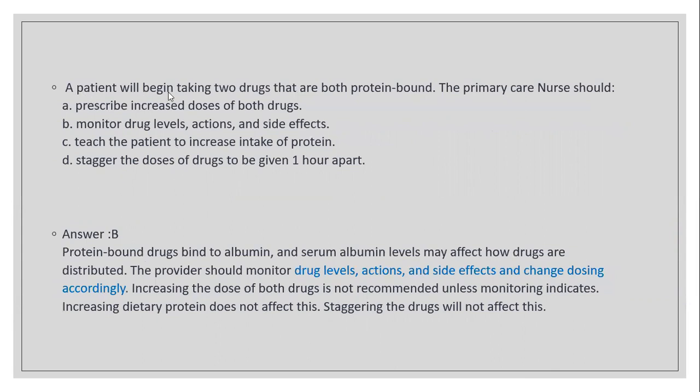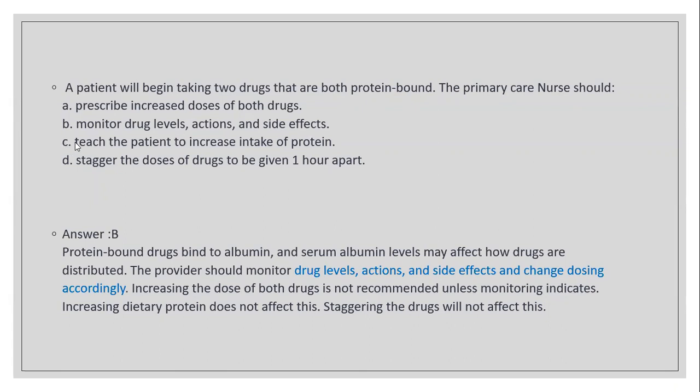A patient will begin taking two drugs that are both protein bound. The primary care nurse should: number A, prescribe increased doses of both drugs. Number B, monitor the drugs' levels, action, and side effects.